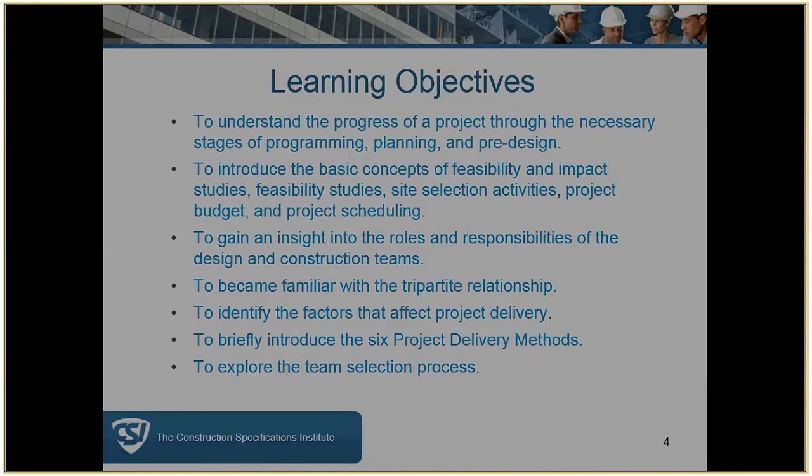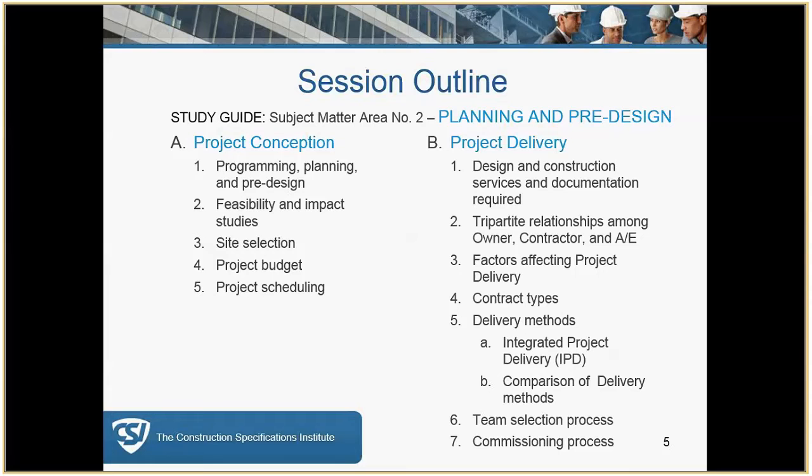Okay. So this is our outline. 2 main areas, project conception and project delivery. So for project conception, we're going to talk about programming, planning, and pre-design. And we talk about feasibility and impact, site, project, and scheduling. Project delivery, we're going to talk about design and construction services and documentation required.